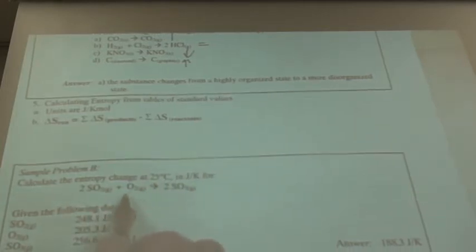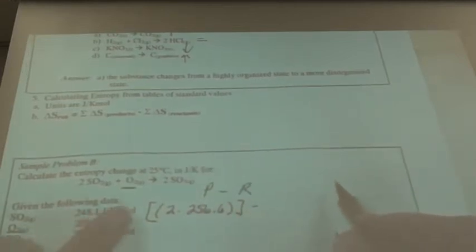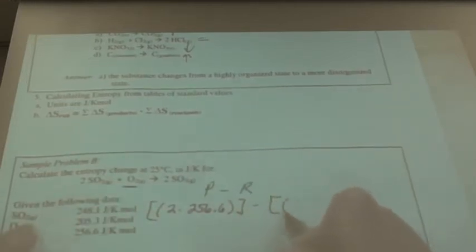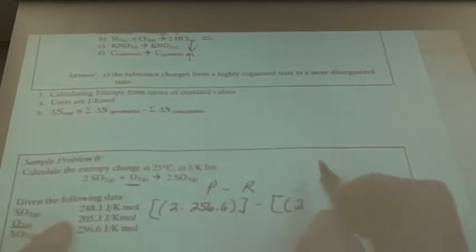Please also note that there are values for elements in entropy. So it's still products minus reactants. There are 2 SO3s, so that would be 2 times 256.6, minus the reactants, 2 SO2.